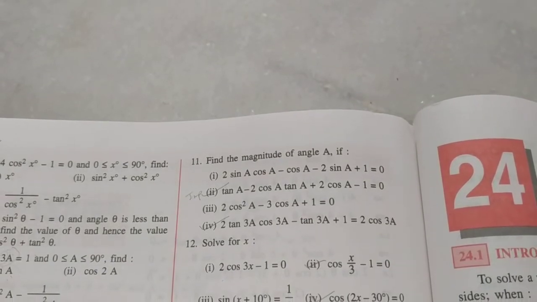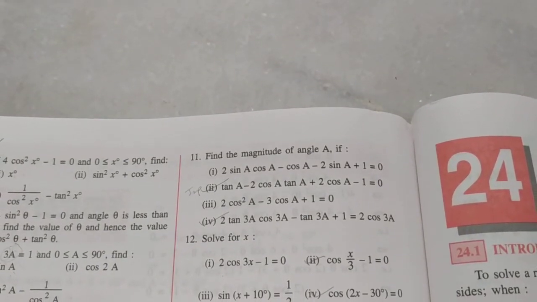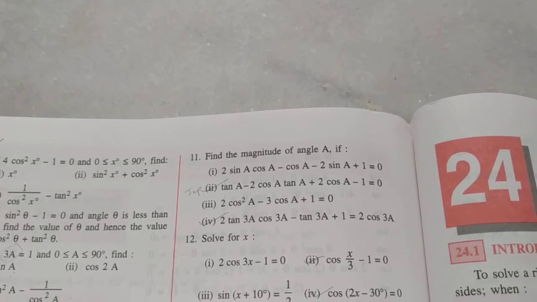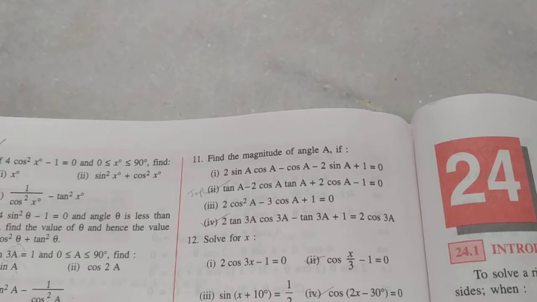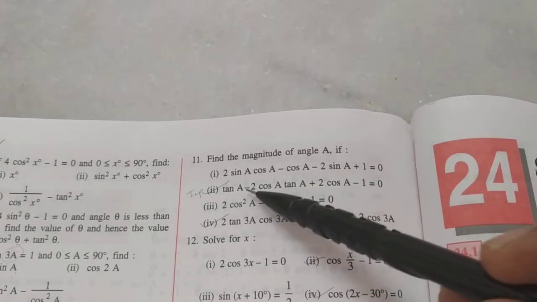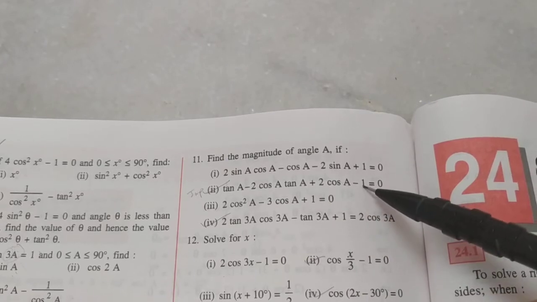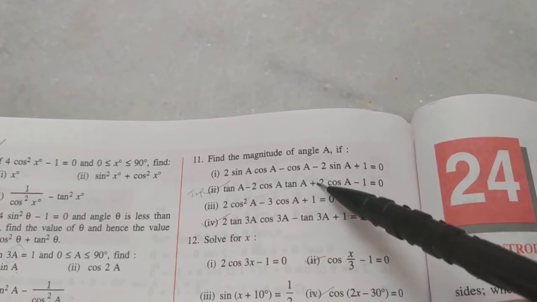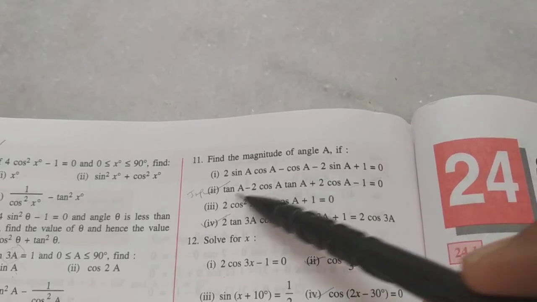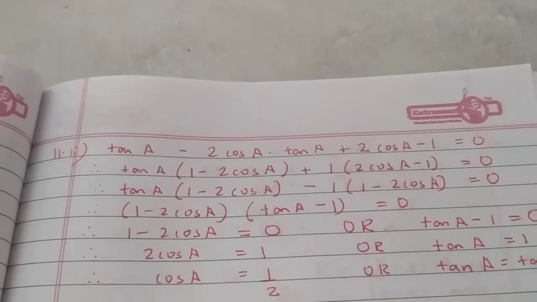Now the 11th sum. 11.2 is IMP. Again, consider this as a usual algebra equation to solve. I see totally 4 terms here. 1, 2, 3, 4. So we'll group them into 2 groups. We'll try to remove something common and solve ahead.